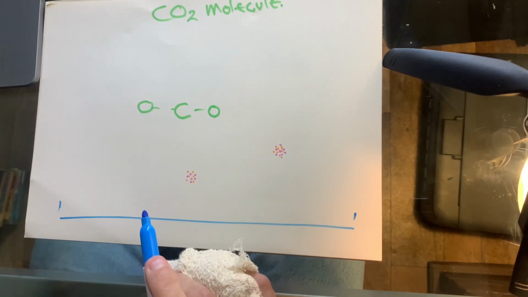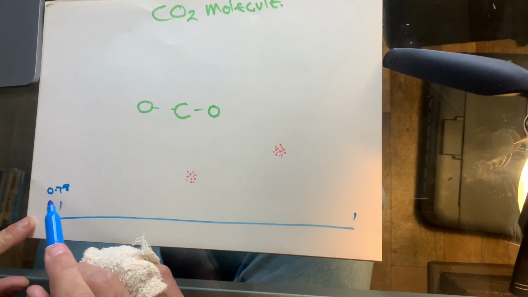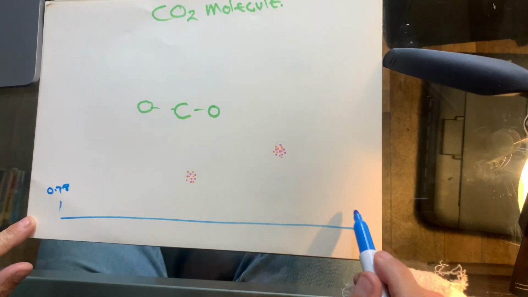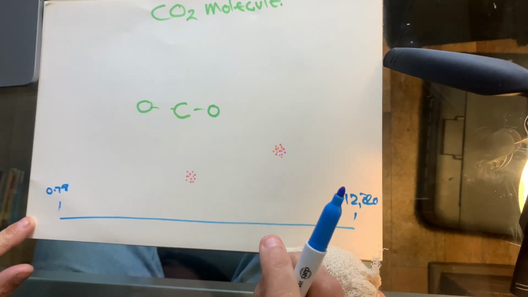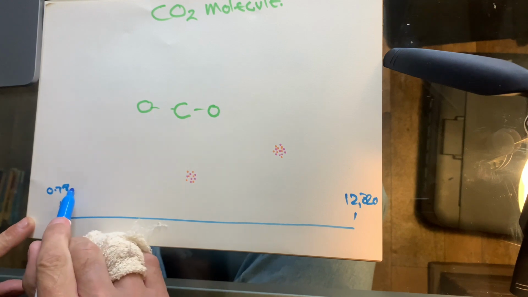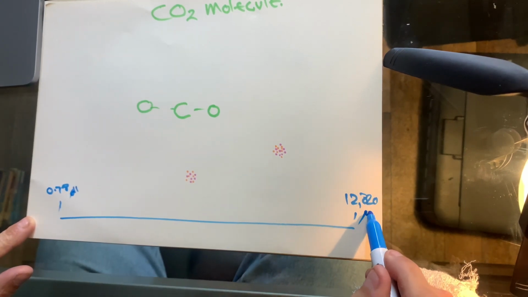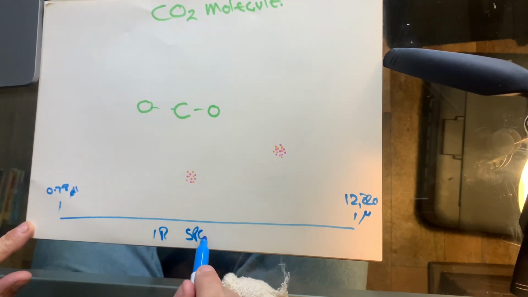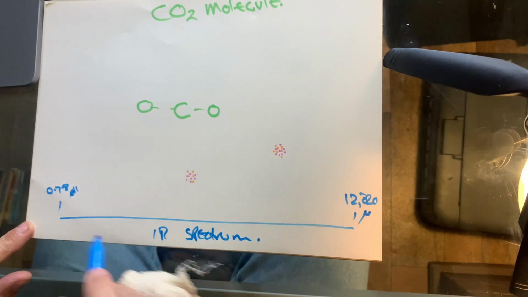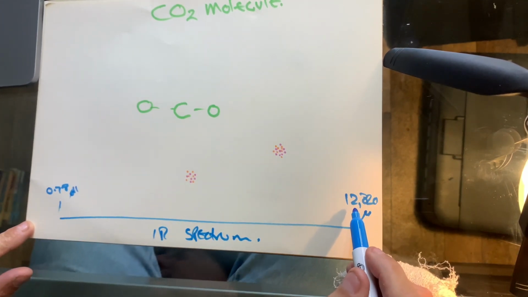The IR spectrum runs from 0.78 microns to 12,820 microns, micrometers, represented by the mu symbol.